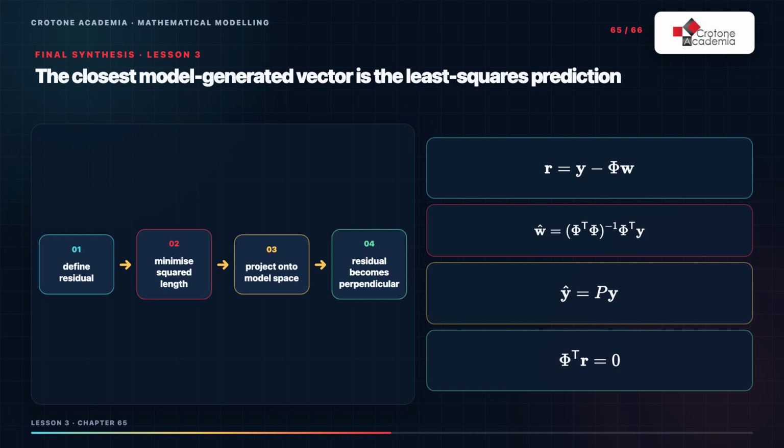Under full column rank, the closed form solution is inverse of phi transpose phi times phi transpose y. Geometrically, phi w ranges over the column space. Least squares projects y onto that model space, and the residual is perpendicular to every design column. The formula, the minimum, and the right angle are one result.